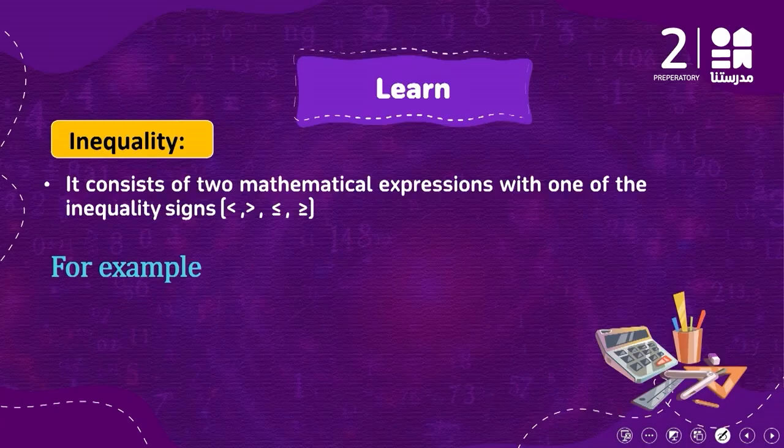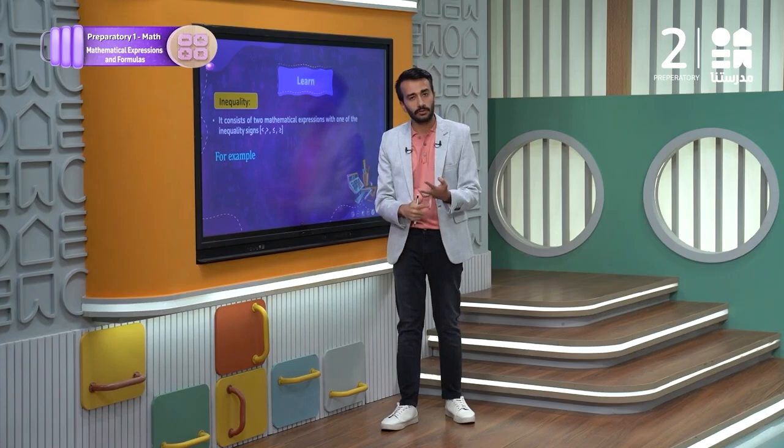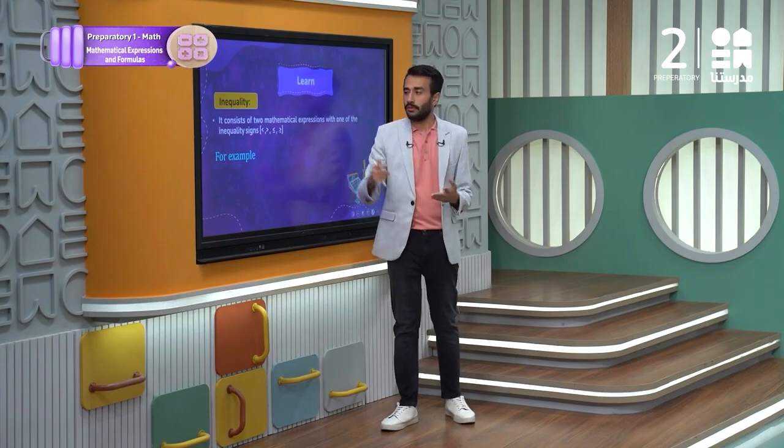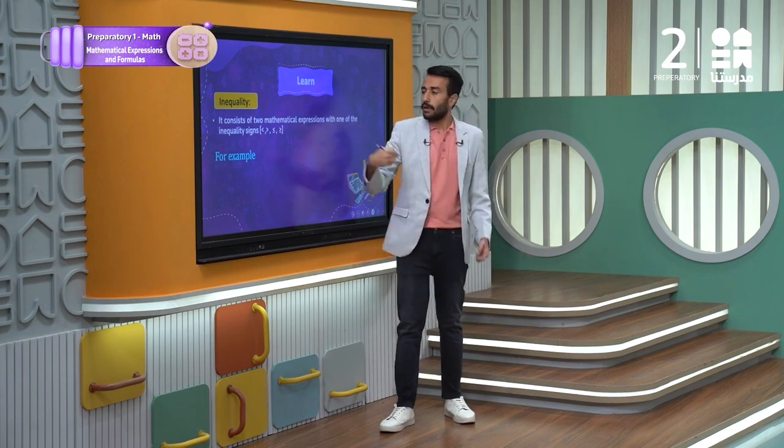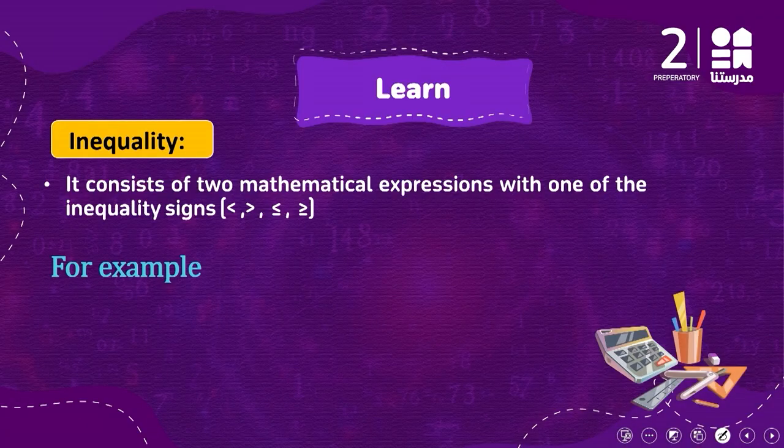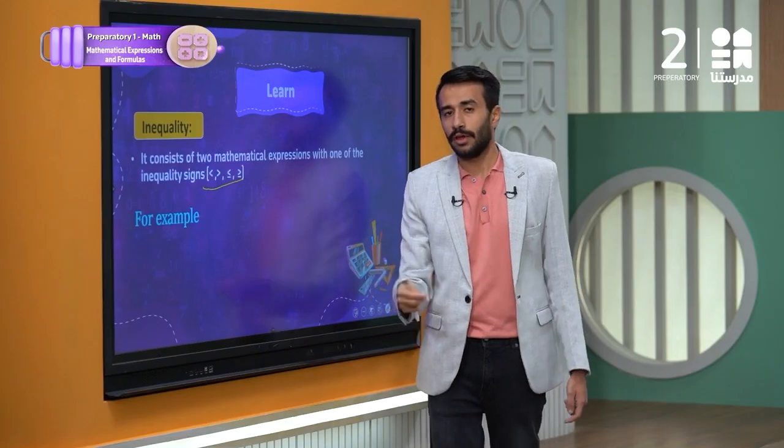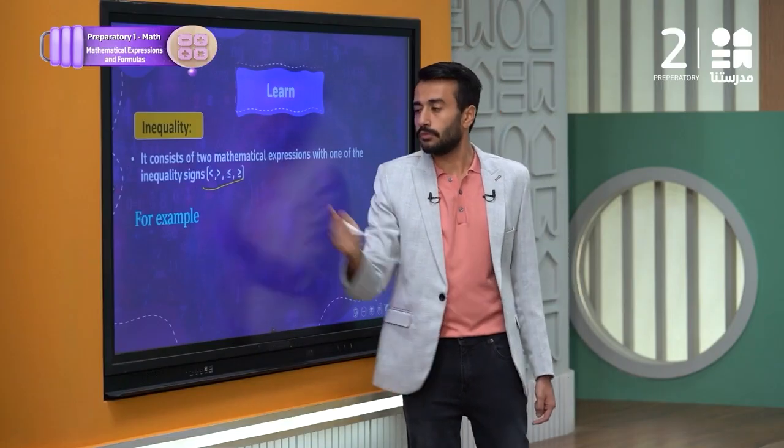Another type of algebra statement you will see is an inequality. So now we have finished numerical expression, algebraic expression, and then equation. Now this is called inequality. What does inequality mean? It consists of two mathematical expressions with one of the inequality signs. These signs. So it's the same as an equation, but here instead of an equal sign, we use one of these signs.